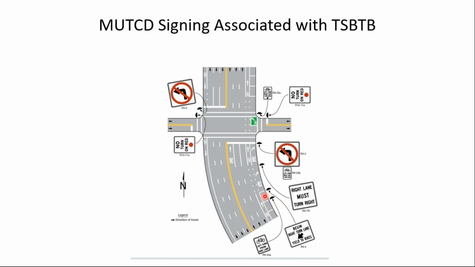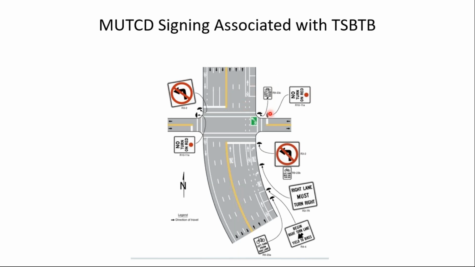Given the location of the turn box, notice there is a no turn on red sign. And then upstream on the approach is a regulatory sign indicating for bicycles, left turn from the bike lane, to advise them they don't need to weave across traffic. They can make the left turn from the bike lane.